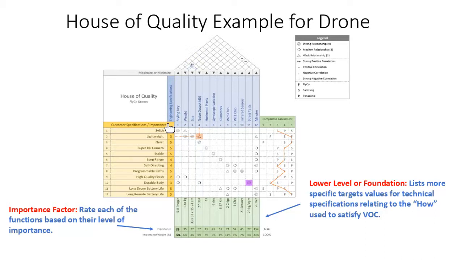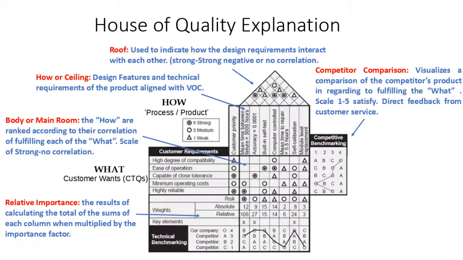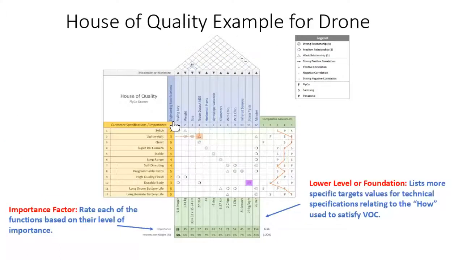What about this column here? We call it the prioritizing column, or in the other house of quality, customer priority. You can name it any way, as long as you identify the values correctly. Here, a scale from 1 to 5 is used to show the priority for the customer.